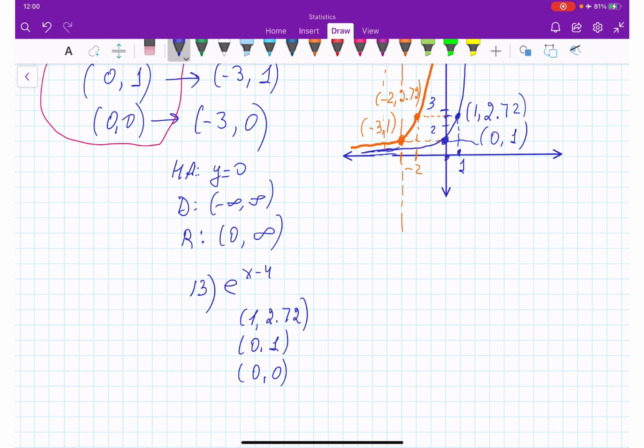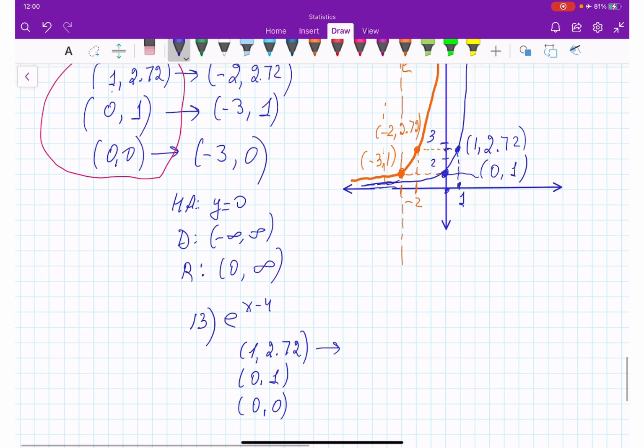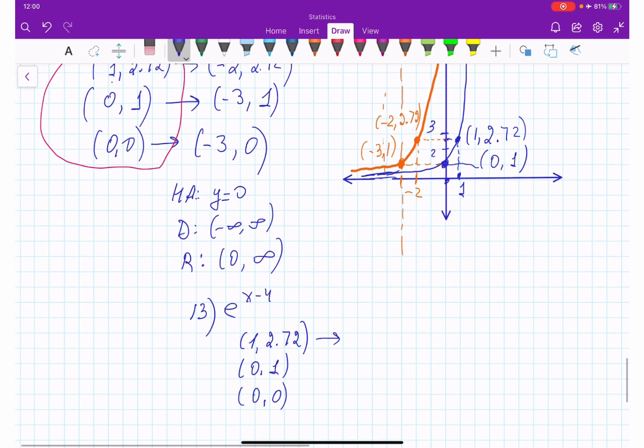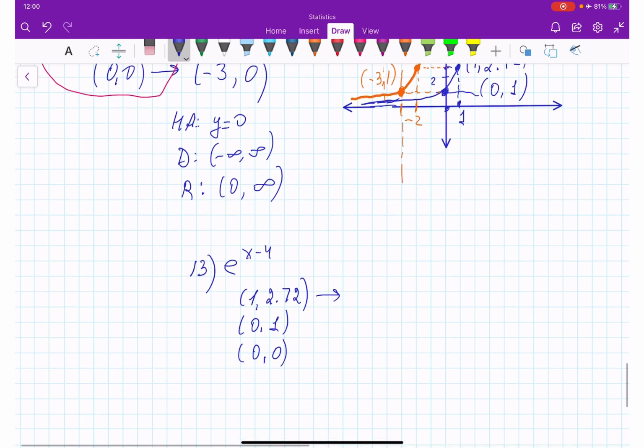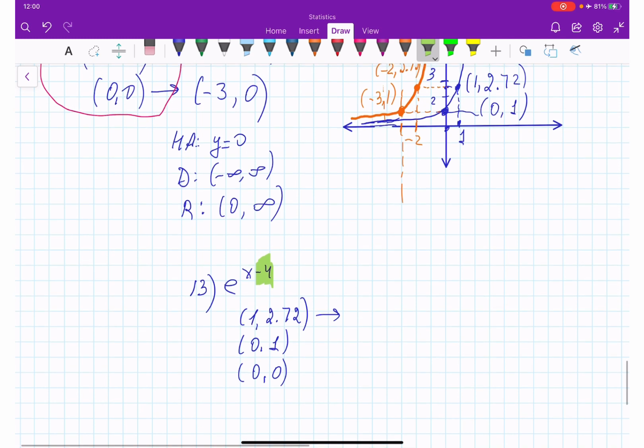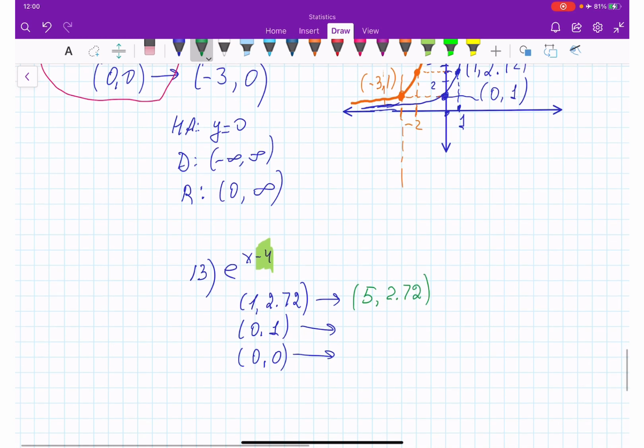So what are we going to get here? We move it down, it's too crowded. Okay, since it's minus 4, we are going to do plus 4. It's a change of x, right? So here we get 1 plus 4, which is 5 and 2.72. 0 plus 4 is 4 and 1.